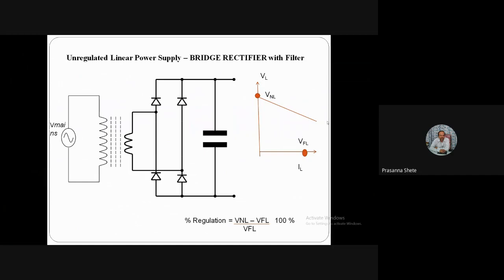As we know, percentage regulation with the characteristics curve which we can see on the right hand side of the screen is given as V no load minus V full load upon V full load into 100. So the unregulated power supply has poor regulation. Hence, this is not advisable to use to charge any battery.